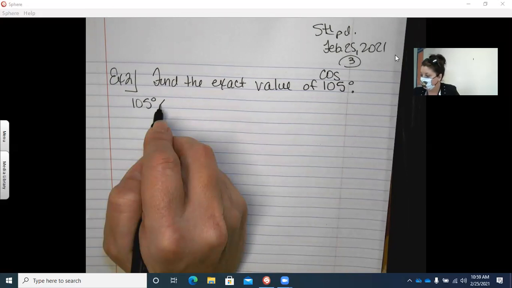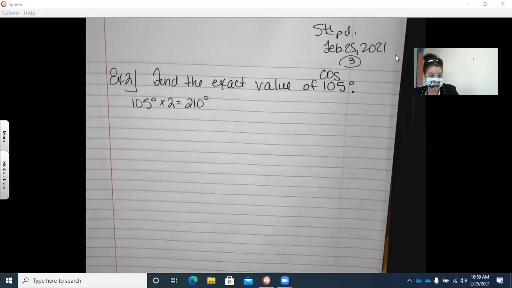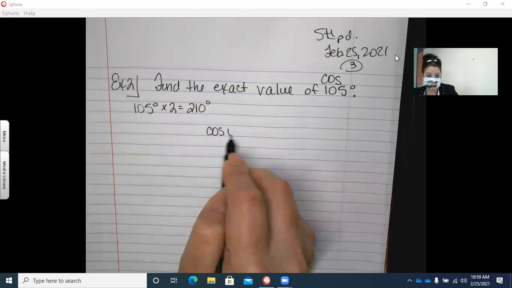So that formula: cosine of theta divided by 2 equals plus or minus the square root of 1 plus the cosine of theta, quantity divided by 2.